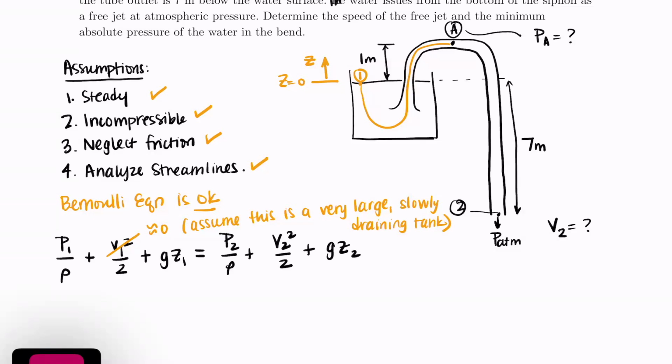Because of where Dominic put our Z coordinate system, we also have that Z1 is equal to 0. And the surface of the water in our tank is exposed to atmospheric pressure, so P1 is equal to P atmosphere.